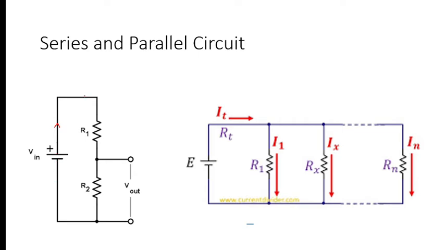Anyhow, if these two paths are not connected, current will not flow, because that is called an open circuit. Suppose these two elements are present, but somehow at this point the wire is not connected, that is, the wire has been broken.